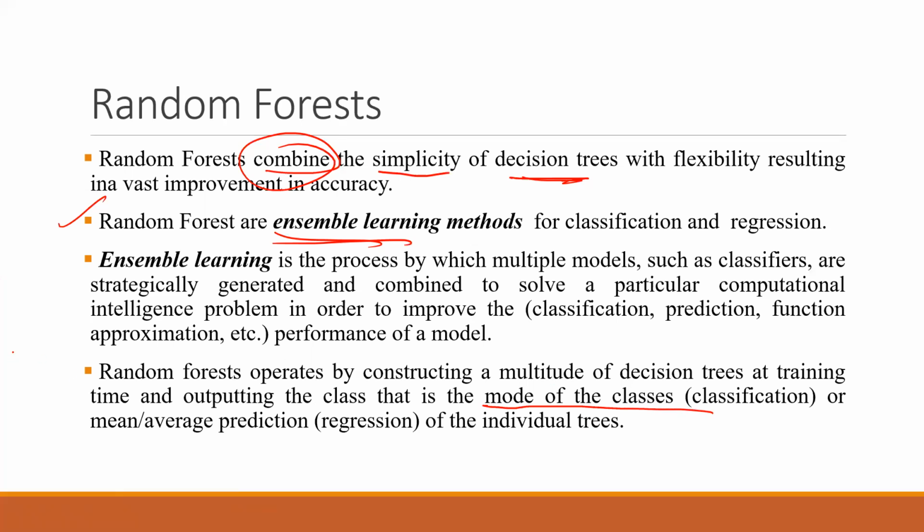Let's say you have three models, model 1, model 2, model 3, and you want to do gender prediction, male or female. If two models say M and one model says F, the mode of these three values will be M. So male will be the winner, and the classification will be male by voting. This mode is kind of voting.